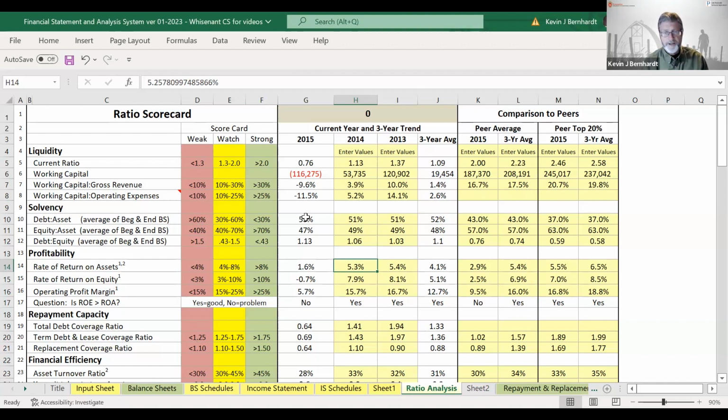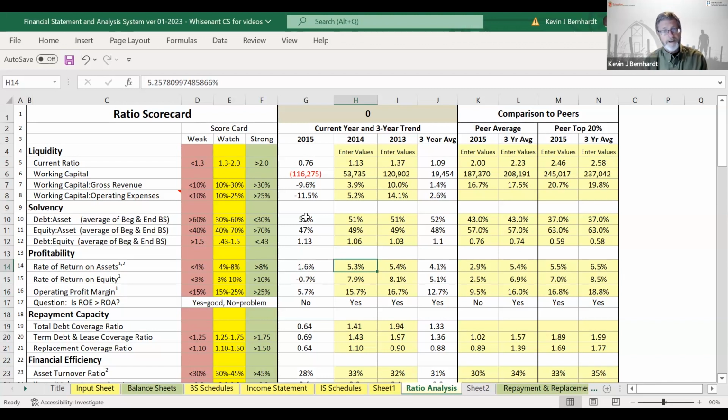So for the dairy industry, you could think of 2015, 2016, 2017, for example. If that were our 3 years, it's very possible that when we take our current year and compare it to the ratio scorecard, we're going to have a lot of reds, not because we've done something wrong in management of our farm, but solely because of things that are outside of our control in the agricultural economy at the time.